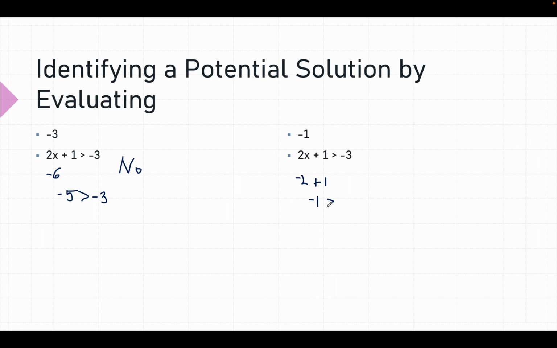Now, what is left is negative 1 is greater than negative 3. Is this true? If you said yes, negative 1 is greater than negative 3, you were correct. So yes, negative 1 is a potential solution to this inequality.